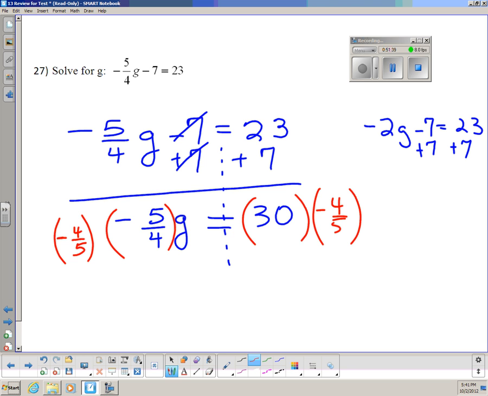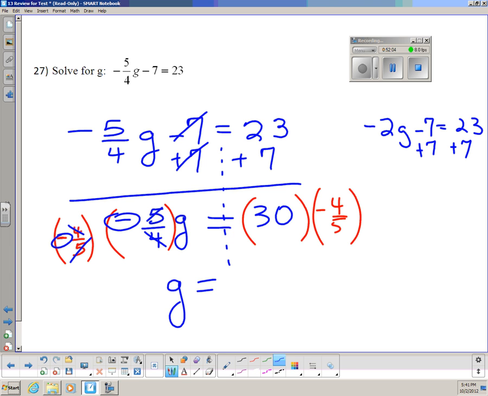So now, the 4's divide out. The 5's divide out. And what's a negative times a negative? Well, negative times a negative is a positive. So I'm really left with positive 1 after we multiplied those fractions. And I'm left with g, essentially, because 1 times g is g.